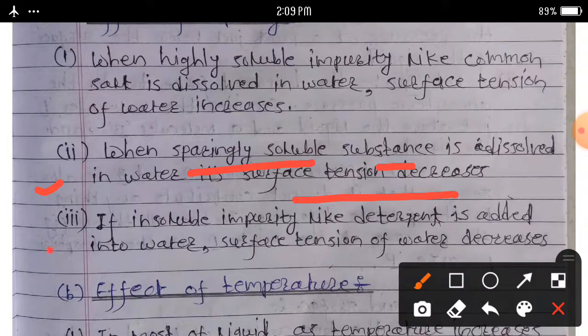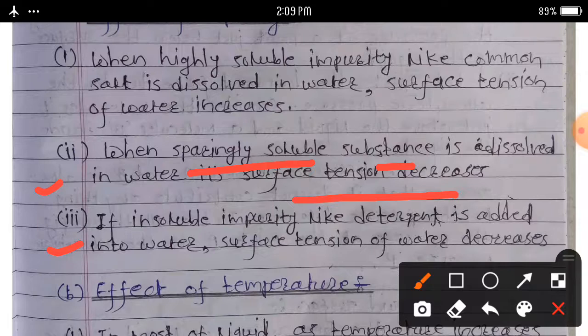And third, if an insoluble impurity like detergent is added into water, the surface tension of water decreases.